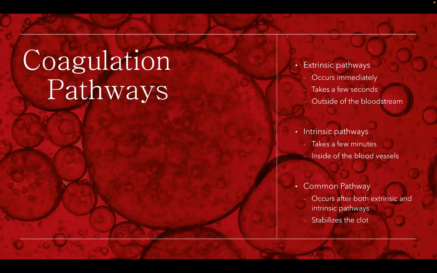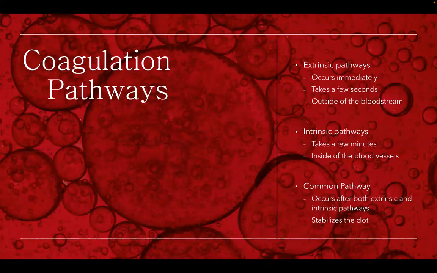When chemicals are mixed with the blood, they assume that it is a foreign substance, and they try to coagulate this way. While the intrinsic pathway process takes a few minutes, the extrinsic pathway process only takes a few seconds.